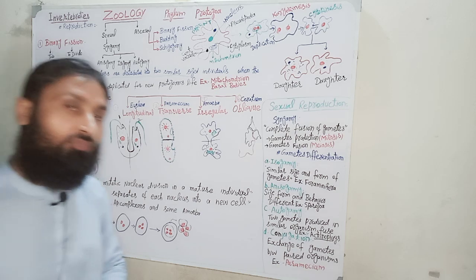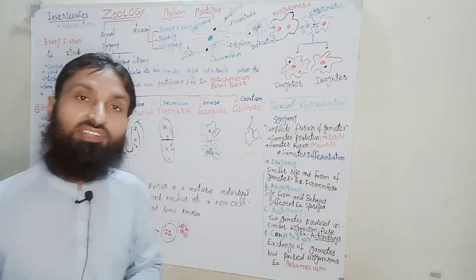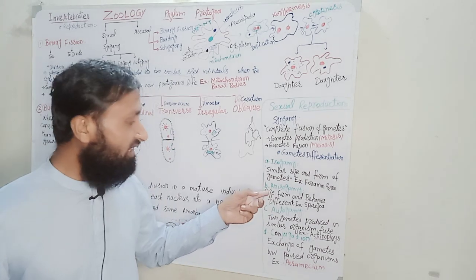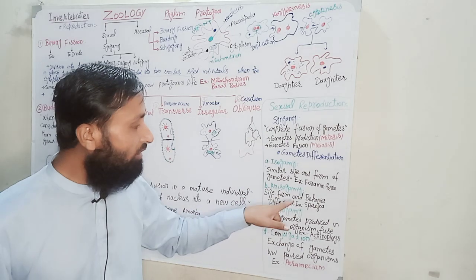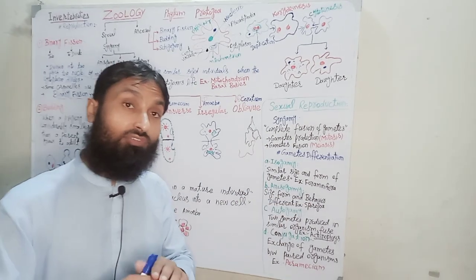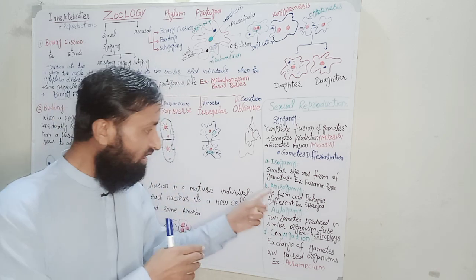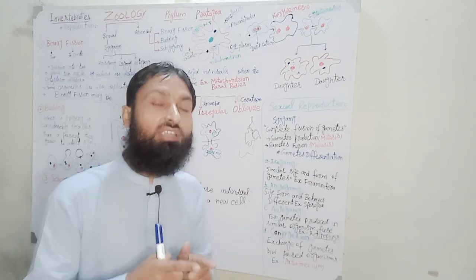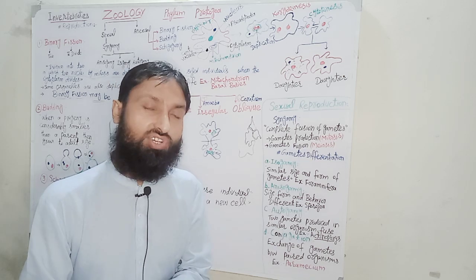Anisogamy. An means different. Gamy means gametes. We are saying anisogamy due to the size, form and behavior of each gamete being different, because here male and female gametes are totally different from each other.